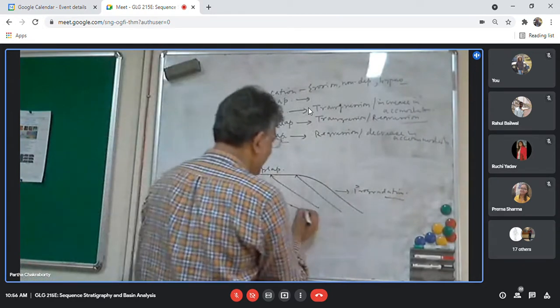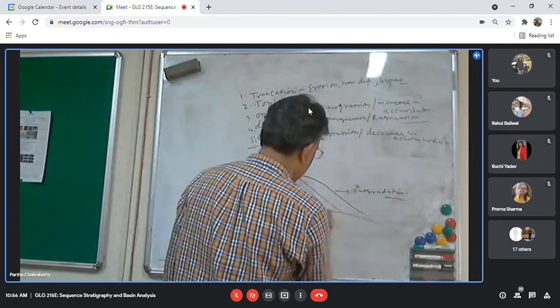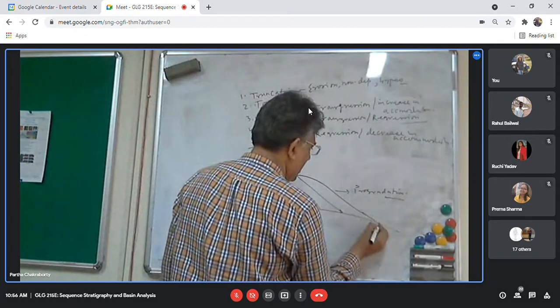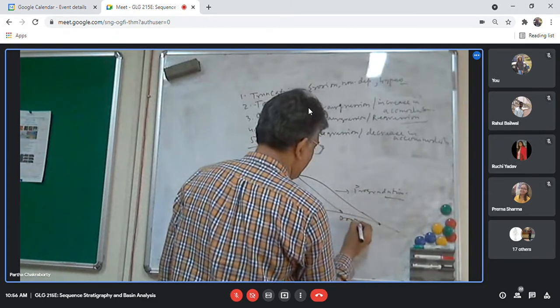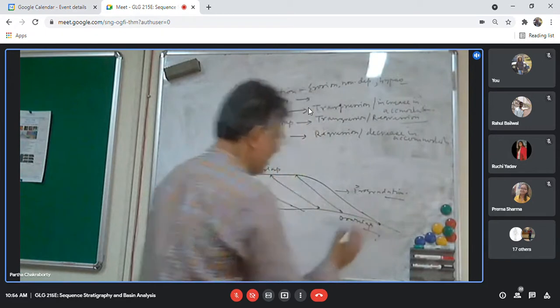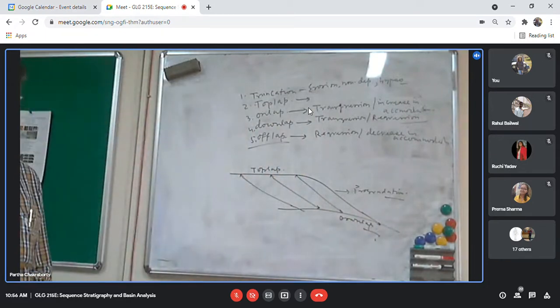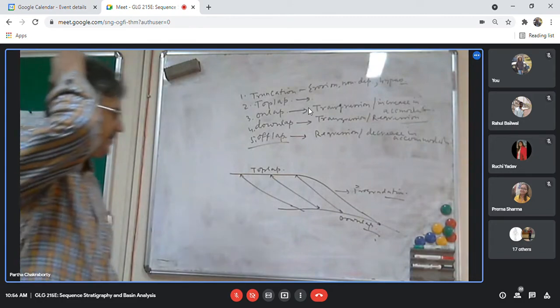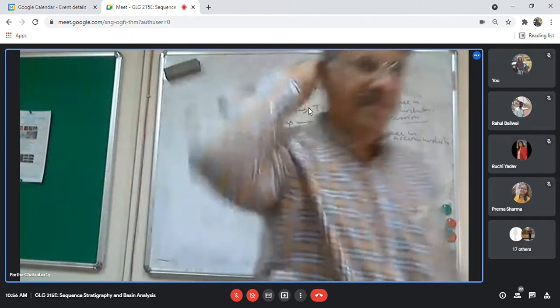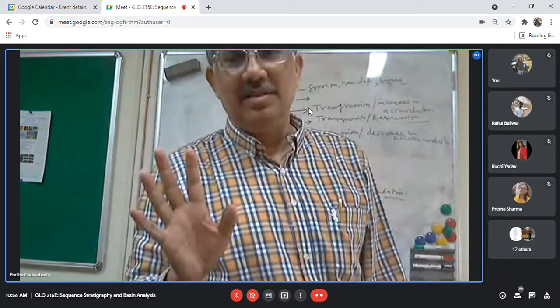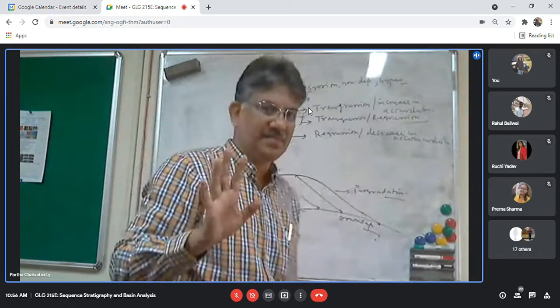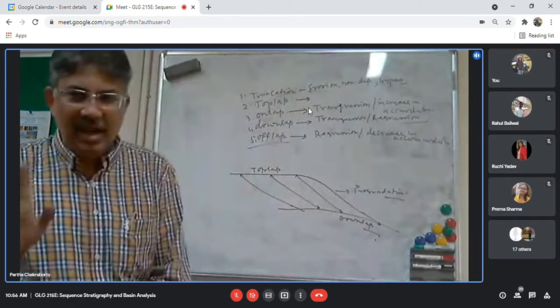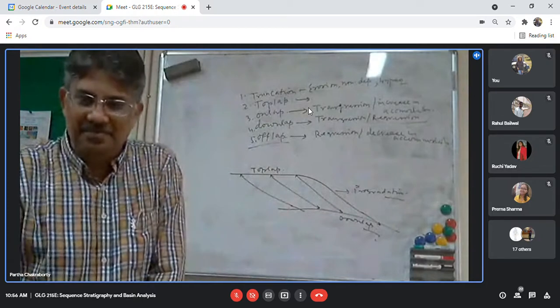And suppose the surface is like this. So this is down lap. Is it clear? That is top lap. Now, when will top lap form?